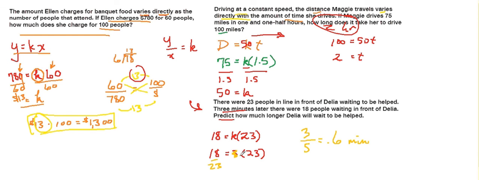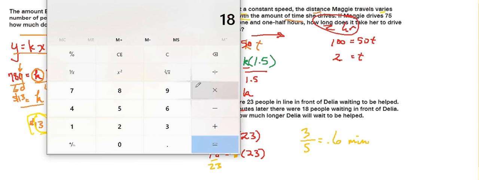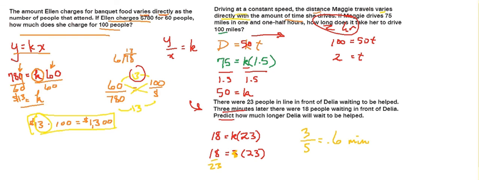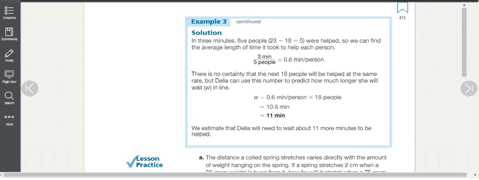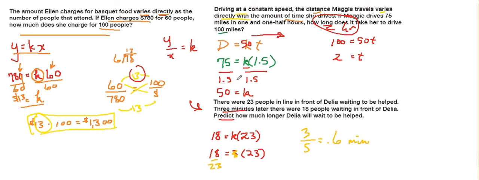So I think that's what we just did, 18 divided by 23 is probably 0.6. No, it's different. But for every 3 minutes, they help 5 people. So they decide 0.6 times we need to get 18 people done. 0.6 is your constant. Times 18 people is, magic of television, about 11 minutes.